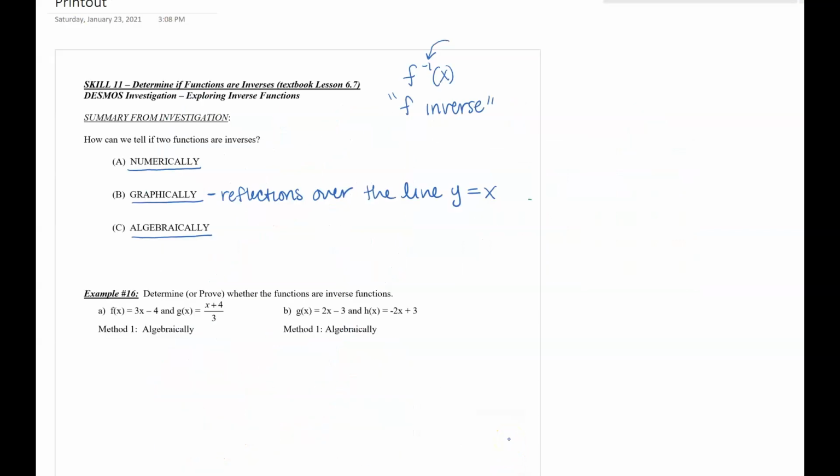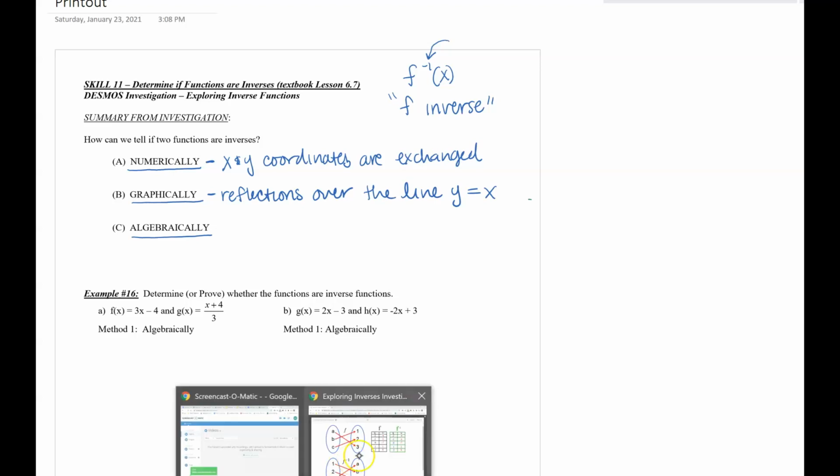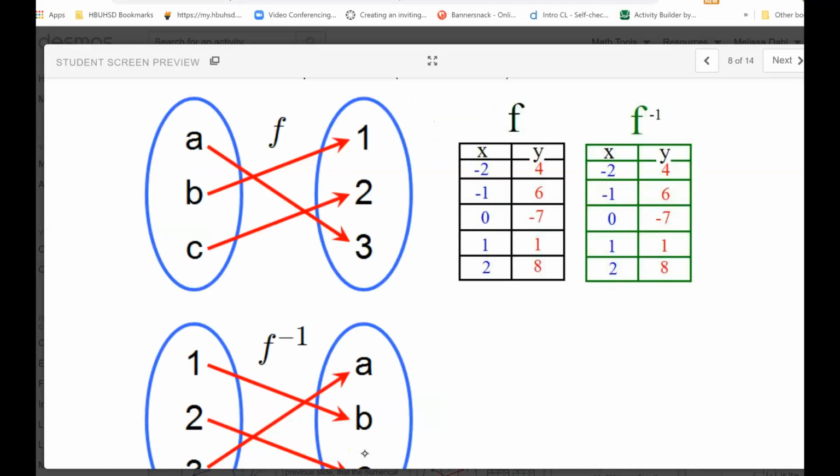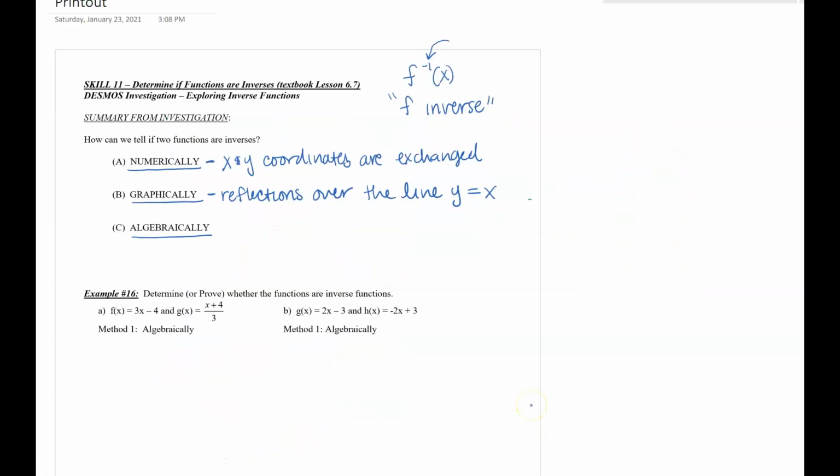When we look at it numerically, x and y coordinates are exchanged. So when I look back at that chart, that's not totally complete. We want to complete these charts like we see over here with the circles. The chart has -2, 4, -1, 6, 0, -7. We'll just use those three.